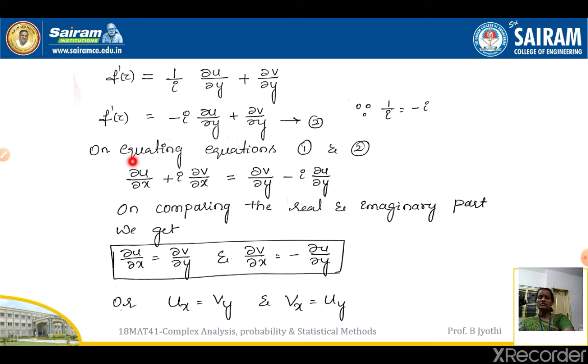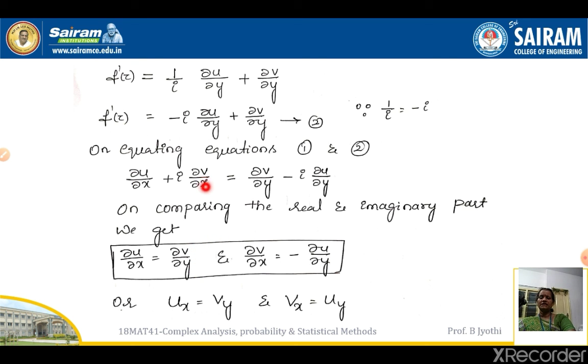On equating the first and the second equations, that is comparing the real and imaginary parts: in the left hand side we have the real part dou u by dou x, and in the right hand side dou v by dou y. Therefore dou u by dou x is equal to dou v by dou y.